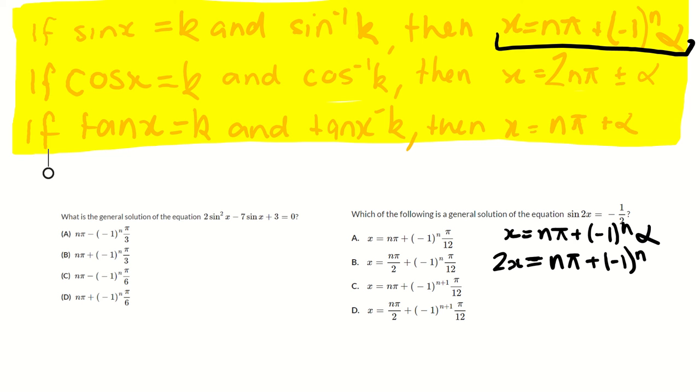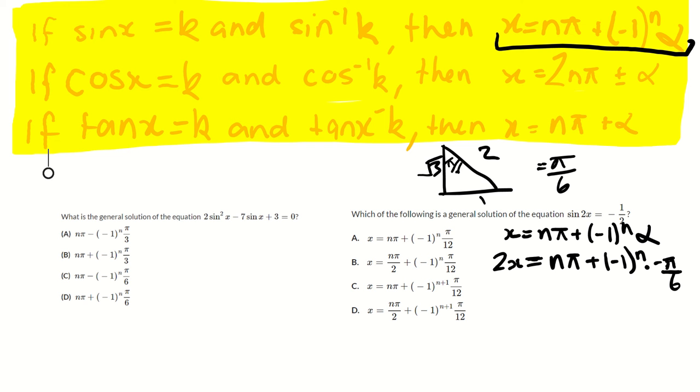Now, alpha. Now we just think back to our trig triangles, thinking about what solution that will give. Pi on 6, but don't forget, it's negative, so I'm going to make it a negative pi on 6.